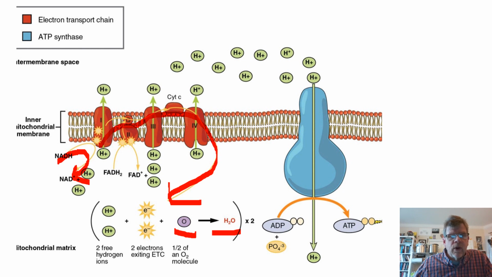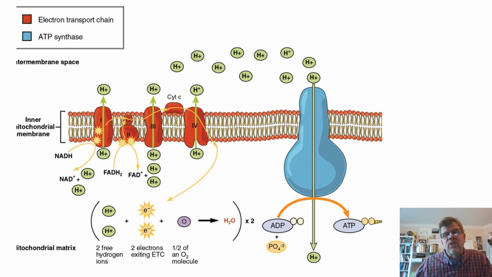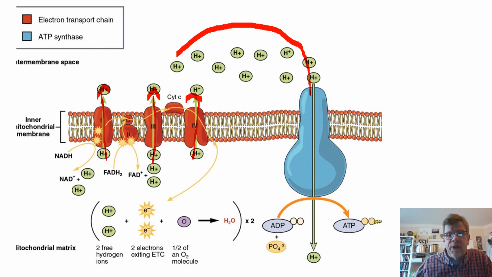So that is ultimately, if we follow the bouncing hydrogen ions, driving 2 hydrogen ions through each transmembrane protein into that intermembrane space, and these hydrogen ions ultimately make their way over to ATP synthase, where they go through, and each 2 hydrogen ions drives the formation of 1 ATP.